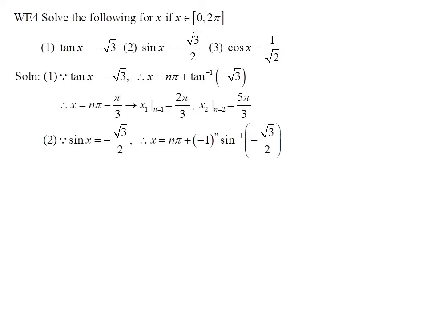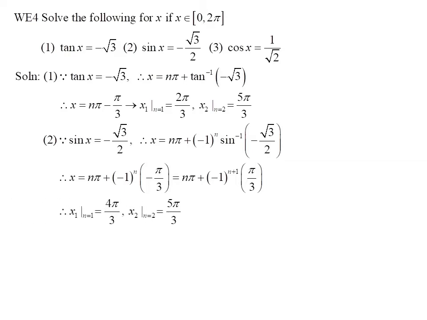After being simplified, the general solution becomes x equals n pi plus (-1)^(n+1) times pi over 3. Hence, x equals 4 pi over 3 when n equals 1. X equals 5 pi over 3 when n equals 2. Here n is an integer.